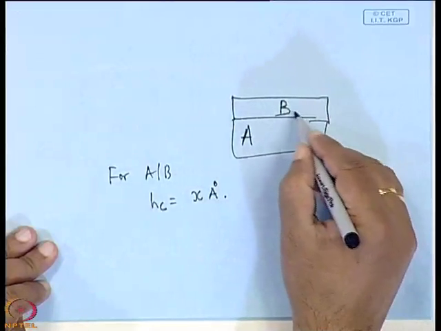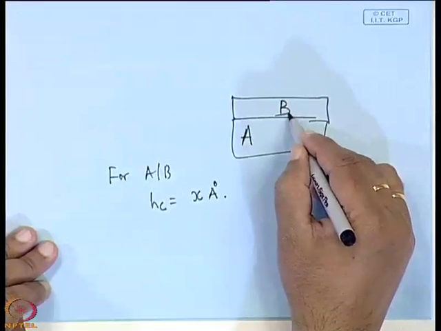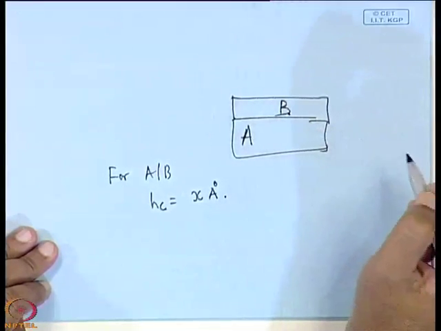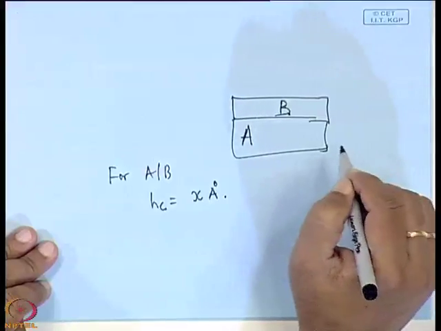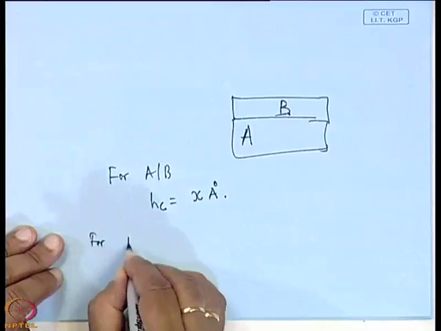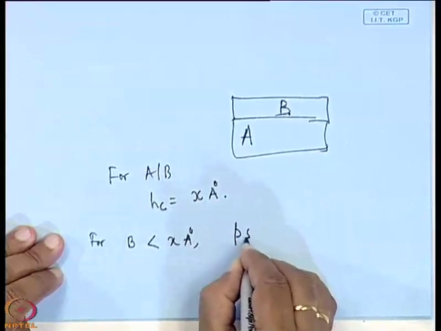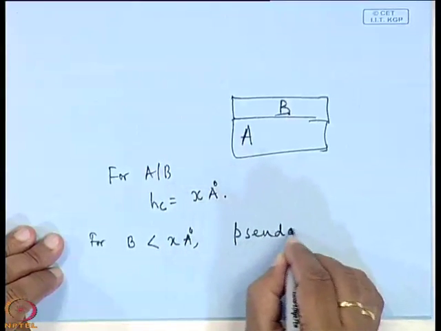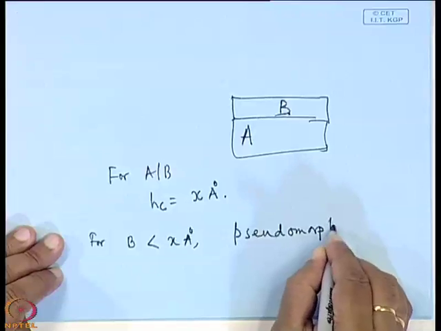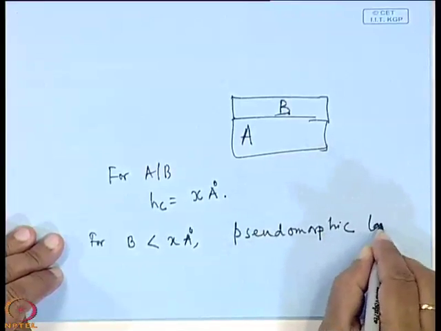Then if the thickness of B is less than x angstrom, it is free from any defect or dislocation. That is known as a pseudomorphic layer. For B less than x angstrom, it is a pseudomorphic layer. That means unstrained, there will be no strain, there will be no dislocation.